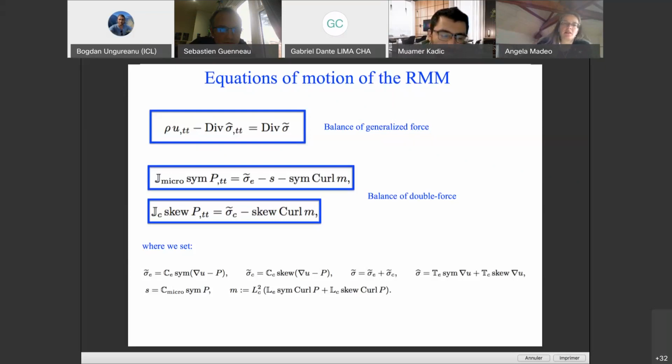And here, for convenience, we separated this tensor equation in two equations just involving the sym and skew part. We can put all together, but this is nicer to show. So basically, we have one generalized vector equation plus 9 scalar extra equations.